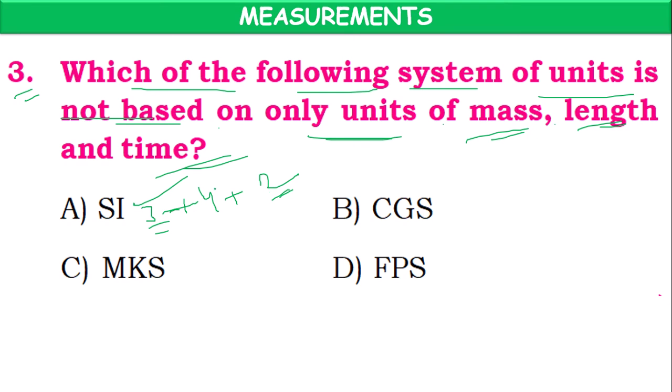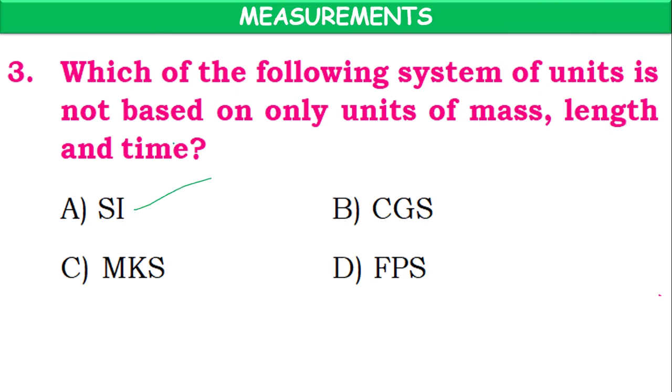So it does not depend on only mass, length, time. So SI option is correct. CGS only depends on MLT, MKS MLT, FPS MLT. So option A is correct.